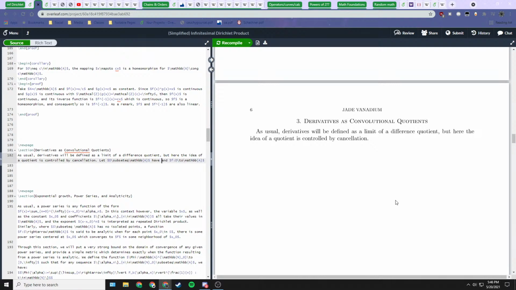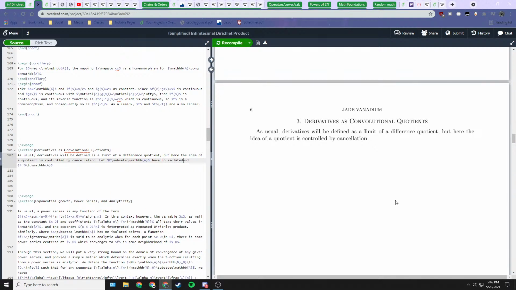Let's say have no isolated points, and let f map D to A. We'll say be any function, be continuous actually.